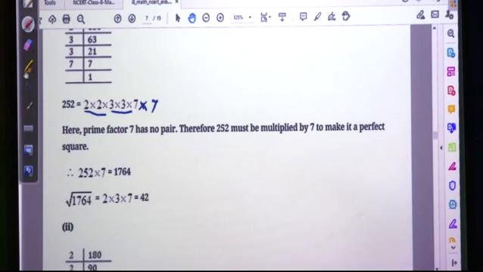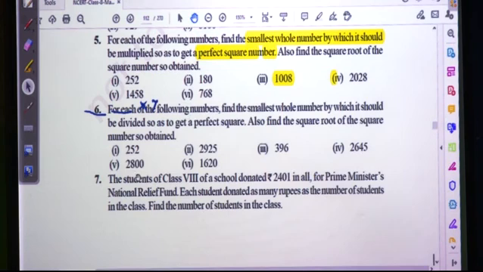Let us see the next sum. The next sum is 180. So, let us switch to this.